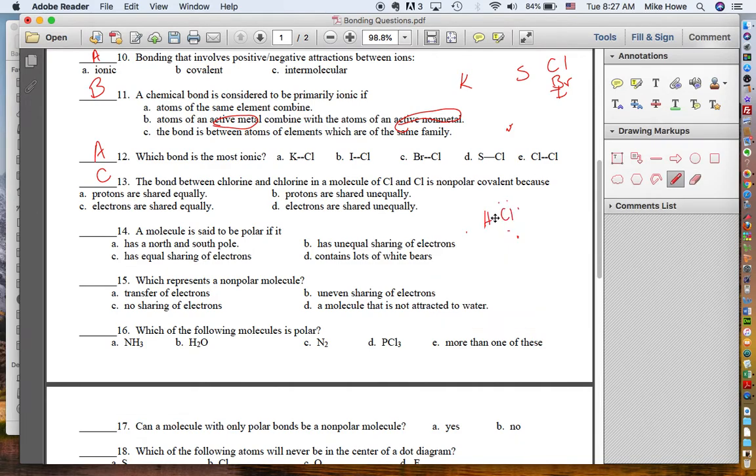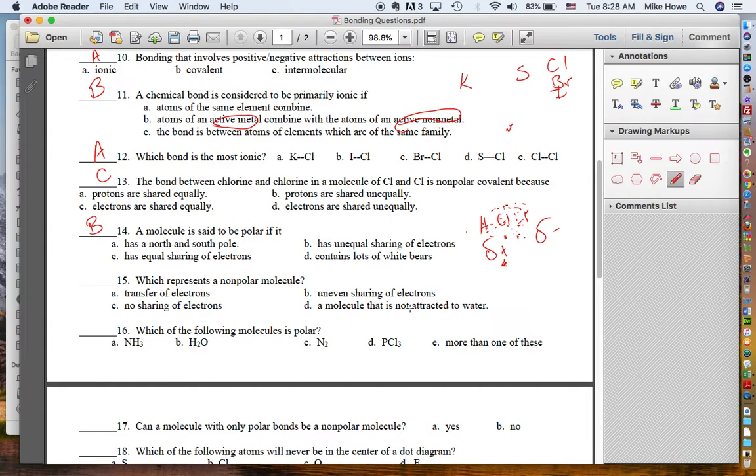So if electrons, okay, so the electrons in the electron cloud, they tend to be lopsided on this side, making this end partially negative and this end partially positive. All right, so it's polar if it has unequal sharing of electrons. That's B. A nonpolar molecule would be even sharing of electrons.